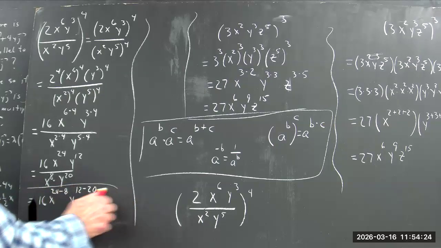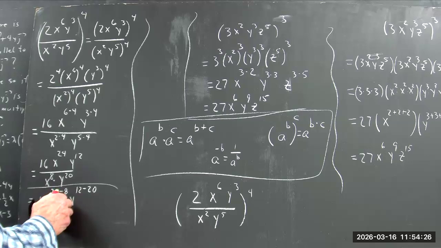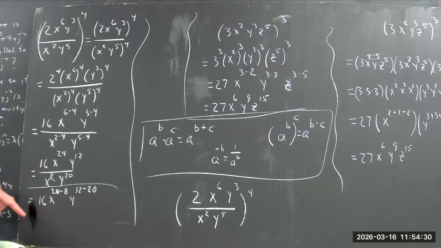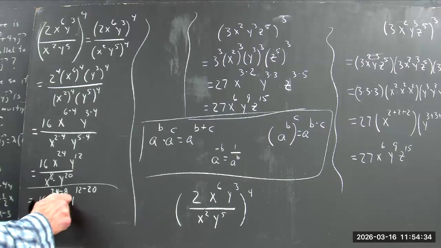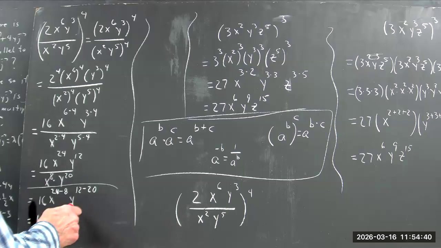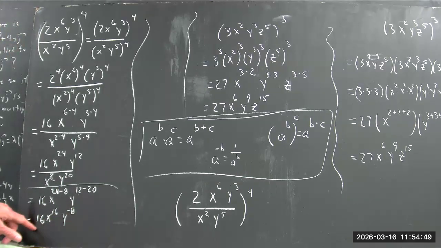I started to write that in fractional form, but I'm just repositioning a couple of things on the board. And then 24 minus 8 is 16, so it's 16 x to the 16th. And 12 minus 20 is negative 8. So one valid solution is 16 x to the 16th, y to the negative 8.